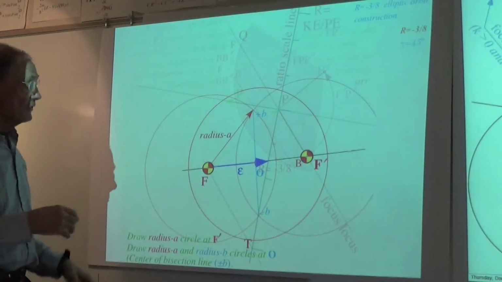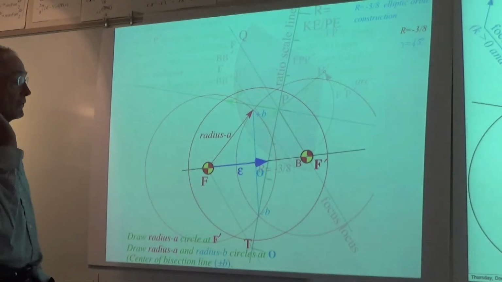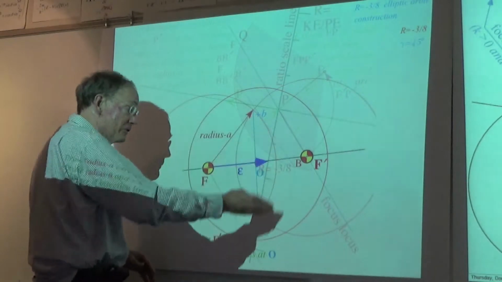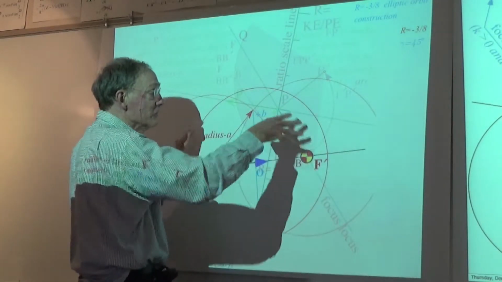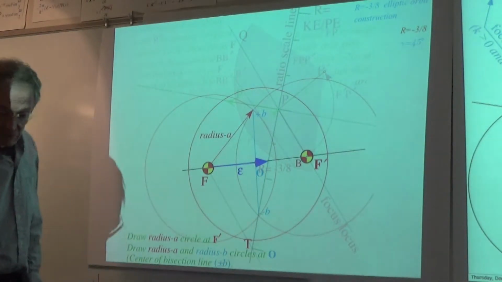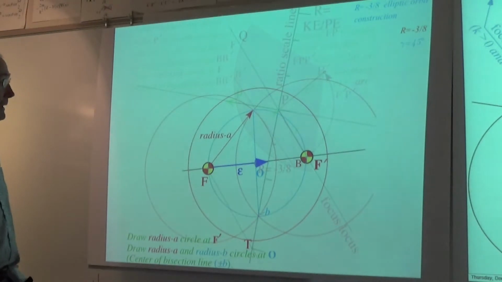So at this point we can do, remember our construction where we drew a circle of radius B and a circle of radius A and just filled it up with an ellipse. I think that's basically what we do.